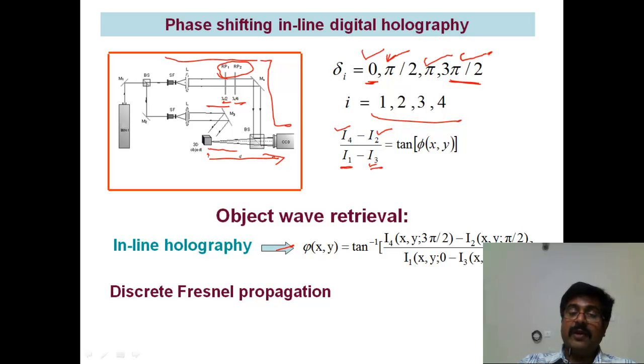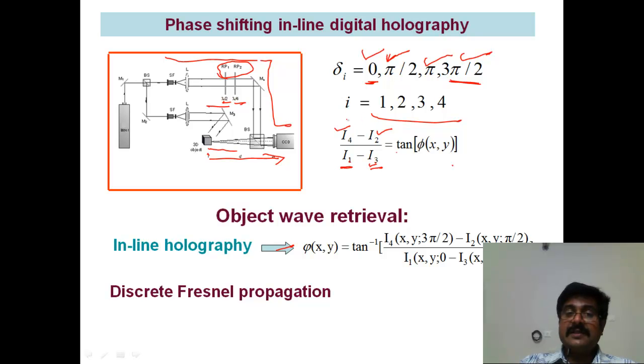The resulting four holograms are I1, I2, I3 and I4. By this method, (I4 minus I2) divided by (I1 minus I3) gives the tangent of the phase value. And taking the tan inverse of this, we get the object wave phase.